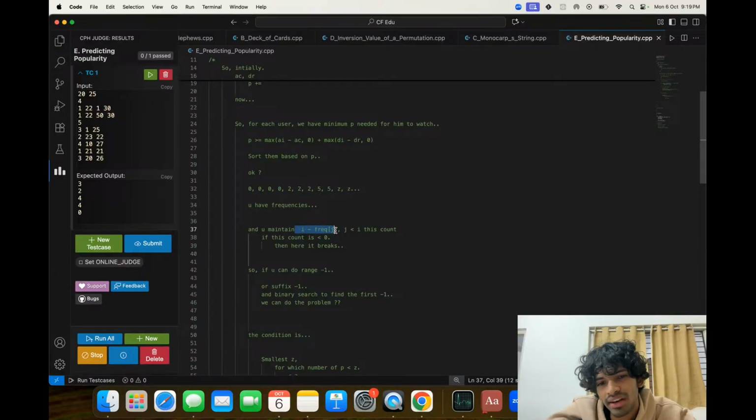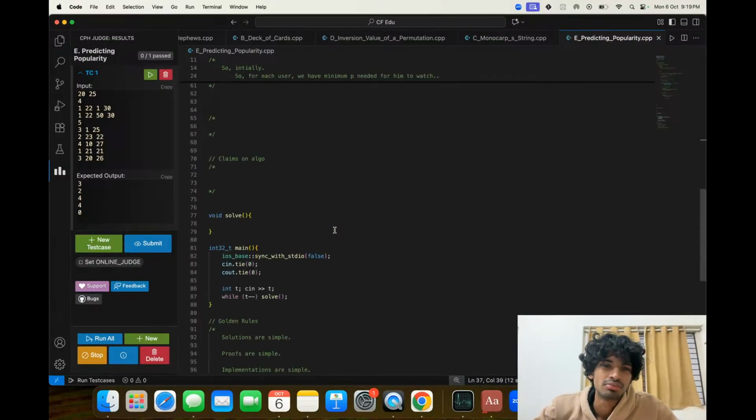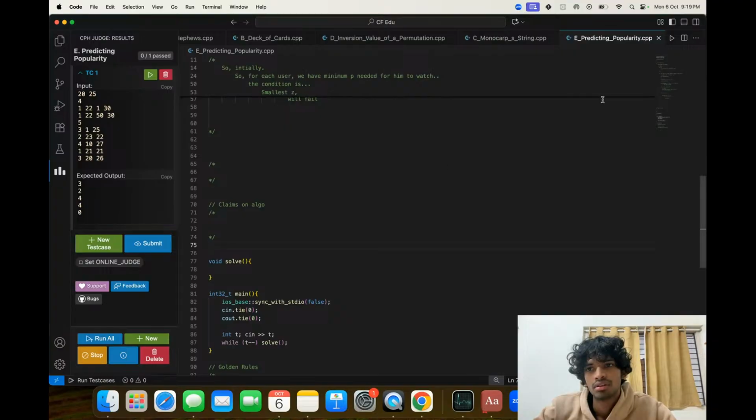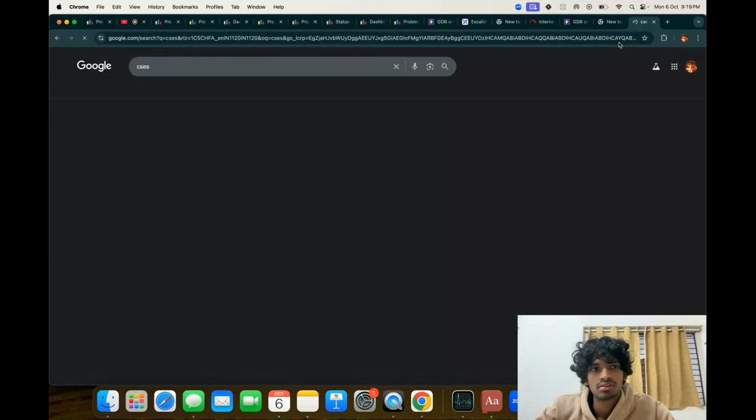You have to update a suffix or prefix, and you want the first minus one after doing that. So we must use a segment tree to get the first minus one, right? How to get the segment tree that gives me the first minus one?